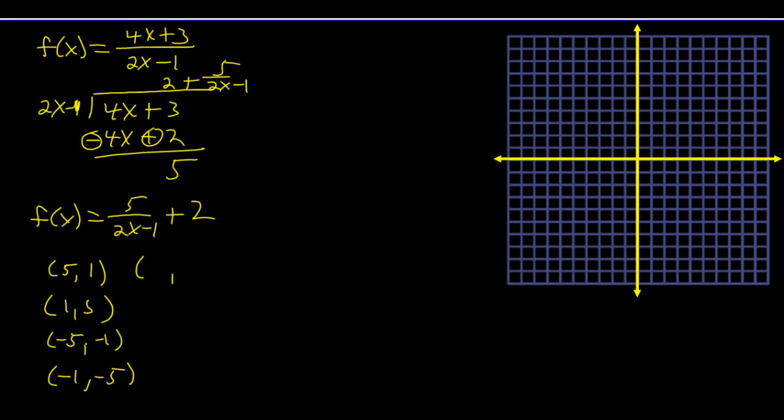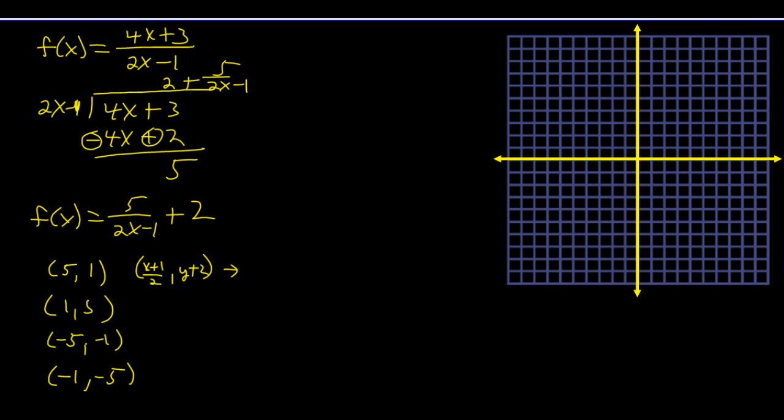Well, we know my y value is going to be plus 2. My x value is going to be moved to the right 1, so x plus 1. But I have a scale factor. If I multiply 2 times the x, that is a stretch by a factor of 1/2, so I'm going to divide that by 2.